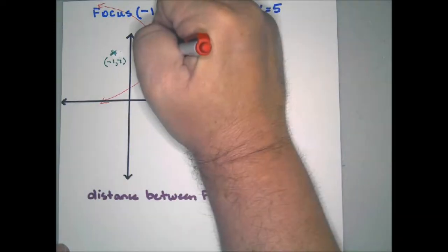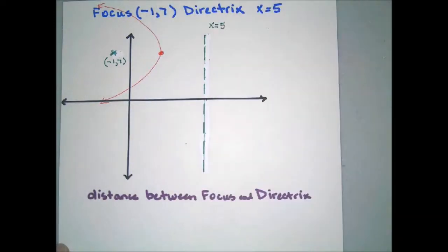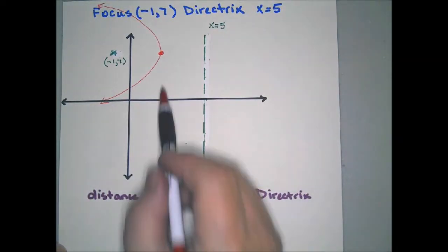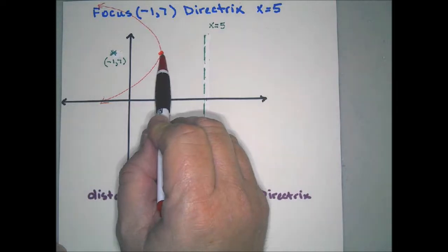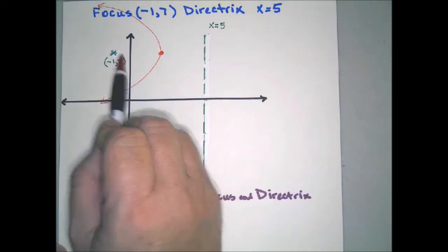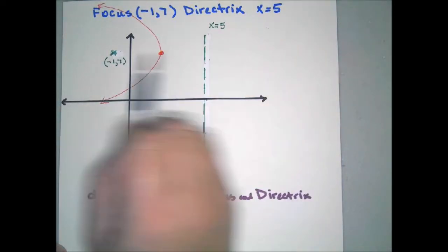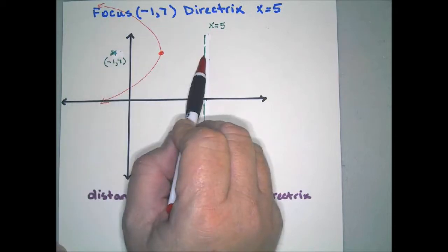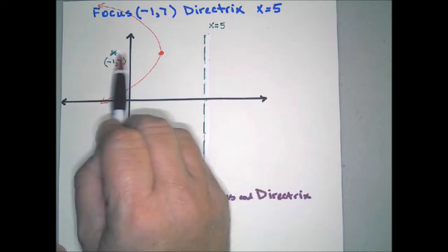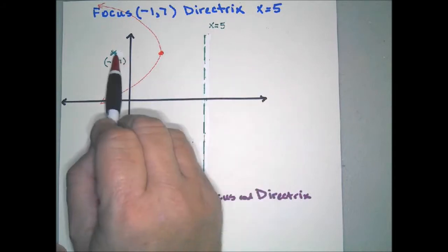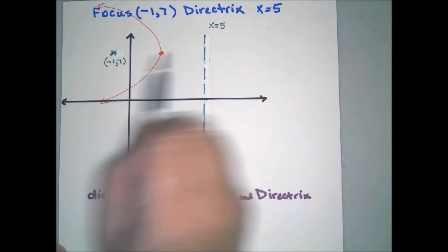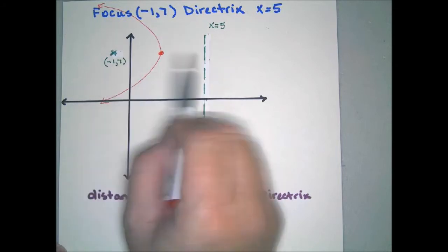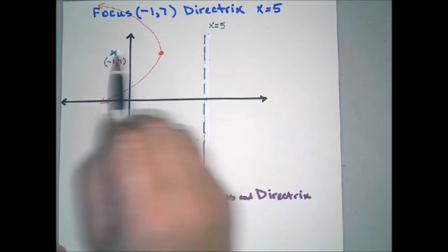Now here's where the very intuitive stuff comes in. The next thing we have to do is we have to find the location of this vertex. Now, the horizontal distance between the focus and the directrix is what we have to deal with next. So remember, it's a horizontal distance, so all we care about are the x coordinates because that's the way you move left and right.